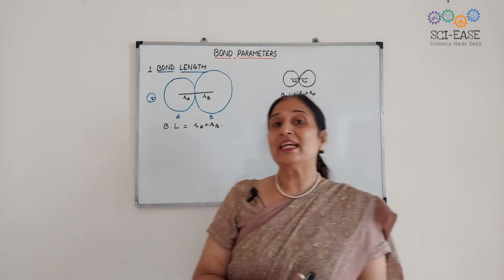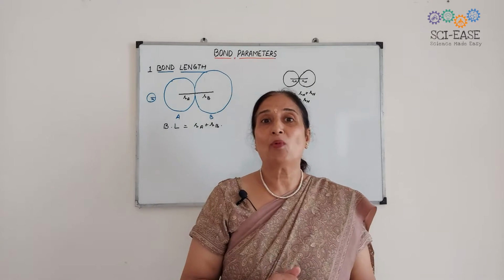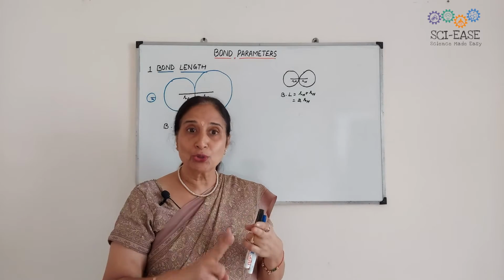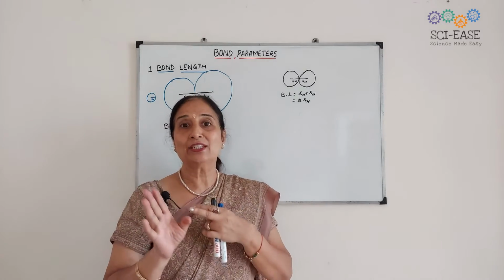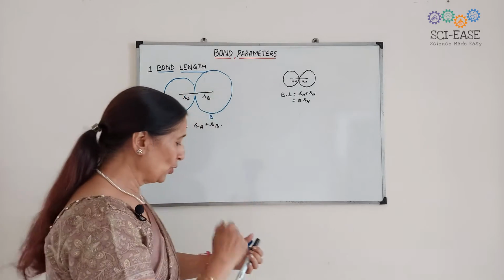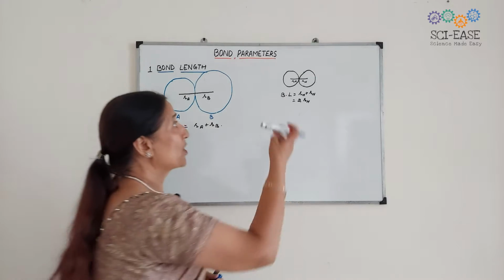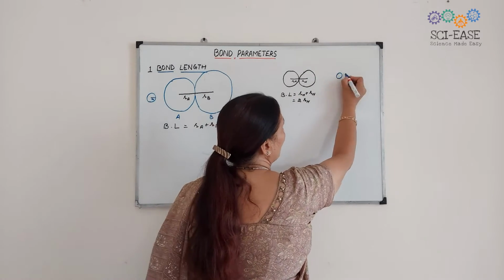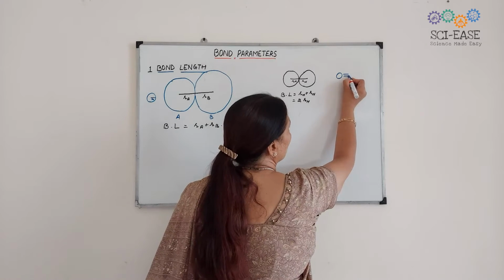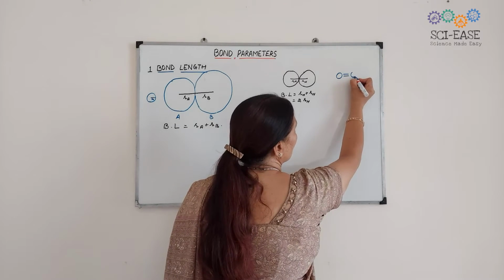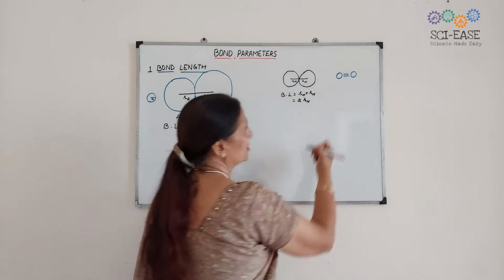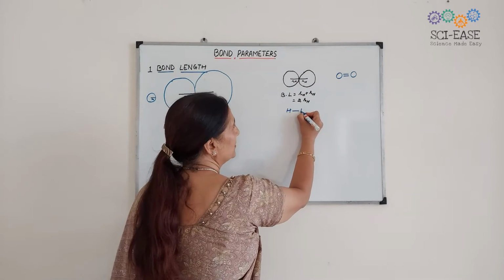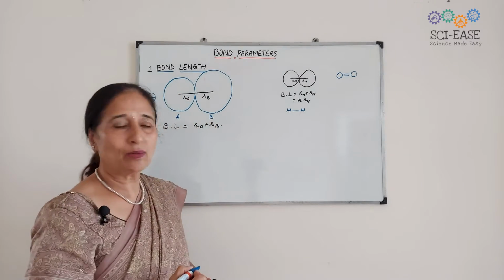Now take the case of some diatomic molecules in which there are two or more than two bonds. So we will consider oxygen. In the oxygen molecule, there are double bonds between the atoms. In the hydrogen molecule, it is an HH single bond.